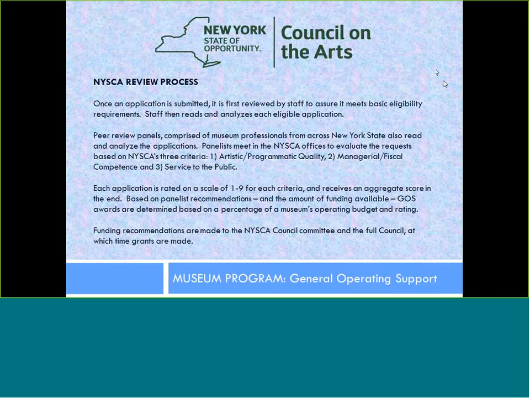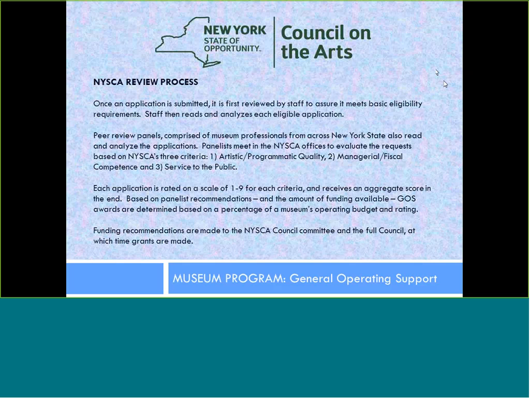The panelists then meet at the New York State Council on the Arts offices to evaluate each one of the requests. And the grant requests are evaluated based on 3 basic criteria. The first one being artistic and programmatic quality, the second one being managerial fiscal competence, and the third one being service to the public. Each application is then rated on a scale of 1 to 9 for each of these criteria and receives an aggregate score in the end.